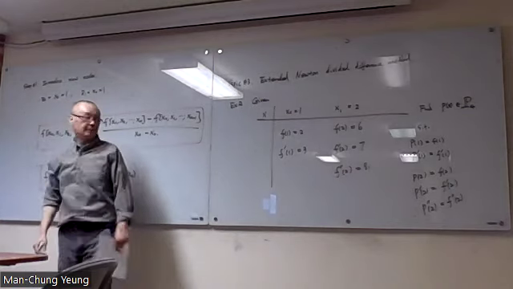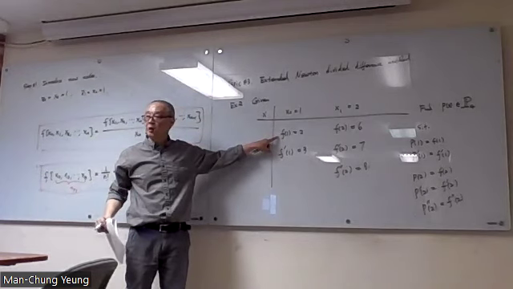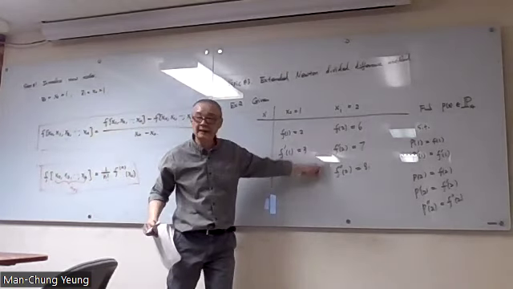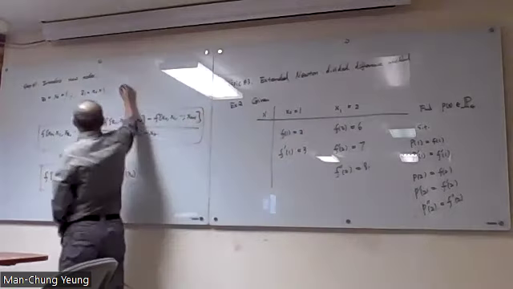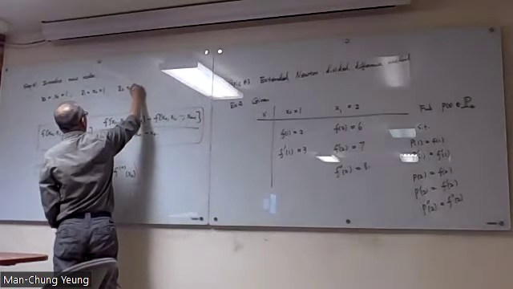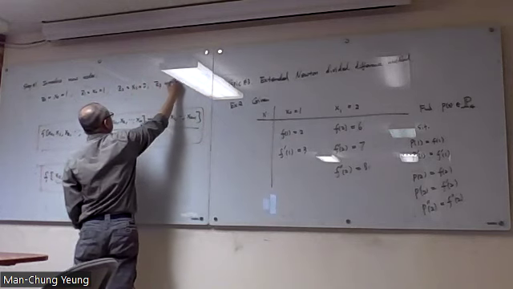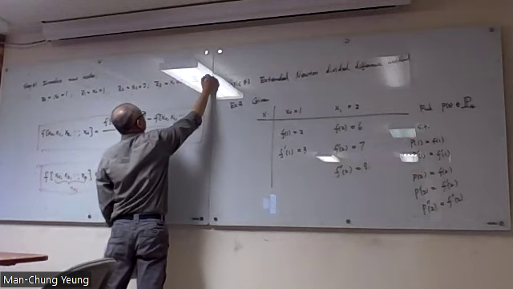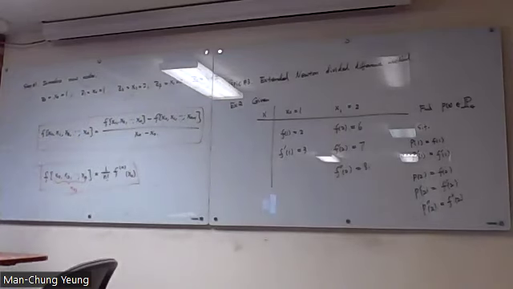Because there are two conditions, I introduce two nodes. Here, 3 conditions, I introduce 3 nodes. So C2 is equal to x1, which is 2. C3 is x1, 2. C4 is x1, 2.